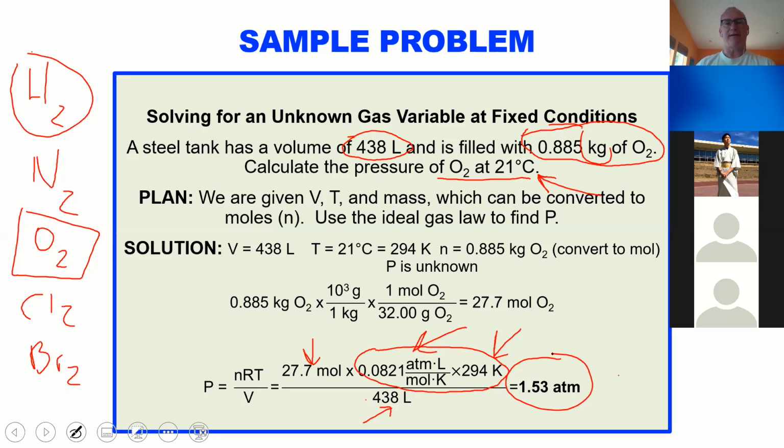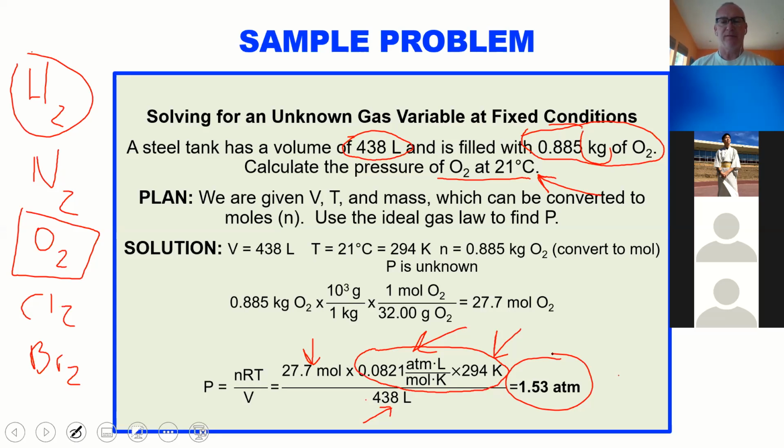So here it's just good old PV = nRT, plug and play. You just need to remember what R is, and you'll have R on a test. Maybe I should have put R here so you could figure it out.